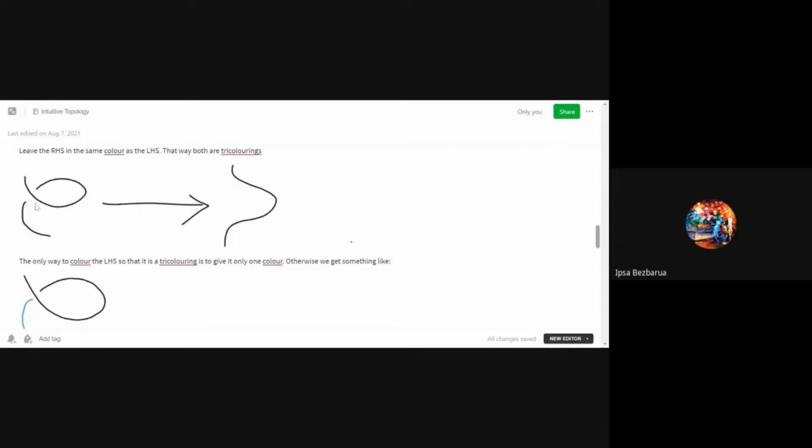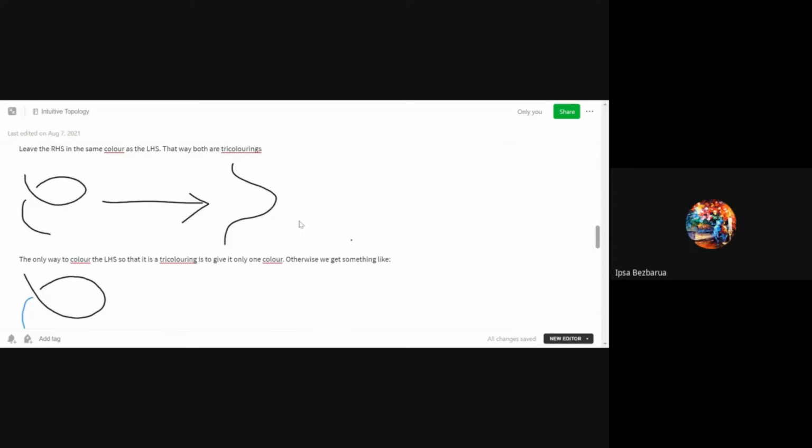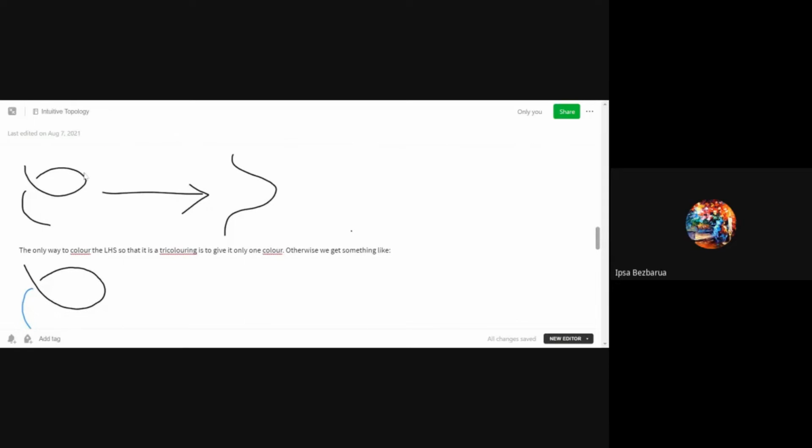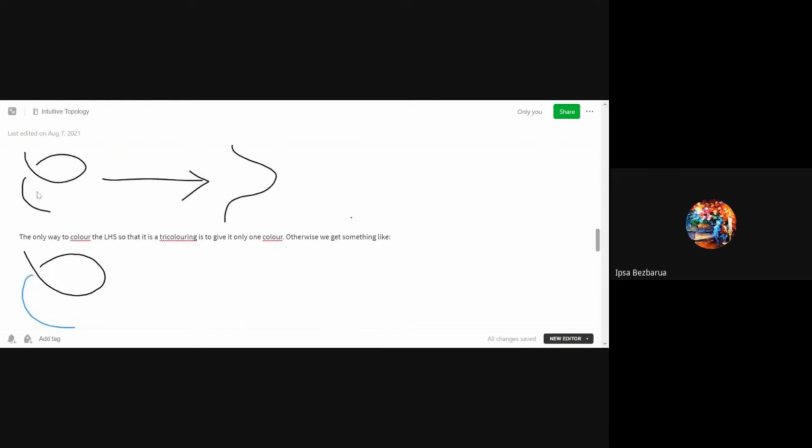And the next one is basically I have this twisted part of the knot and I'm opening it up. And I claim that this is always going to be a tricoloring. The way it works is that the LHS will always be colored in one color. If it's not colored in one color, then it's going to look something like this, which is not a tricoloring.